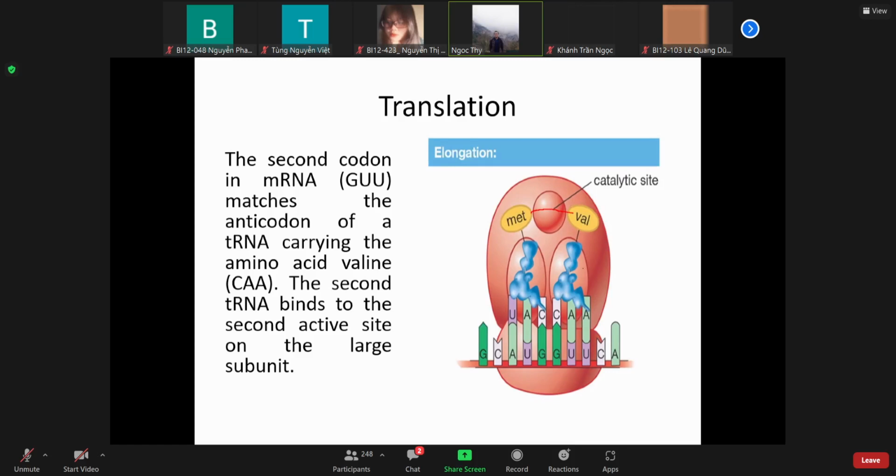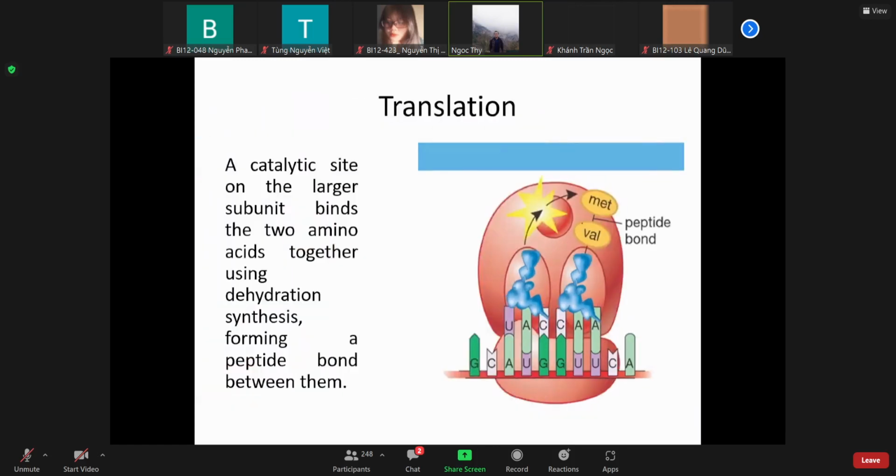Then the methionine forms a peptide bond here, and the tRNA that carried methionine just moves out of the first position, and the tRNA here is transferred from the second position to the first position.